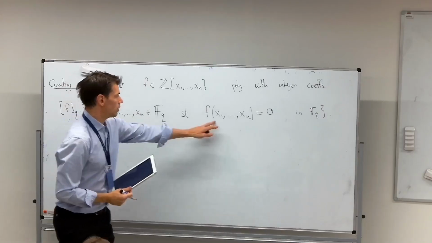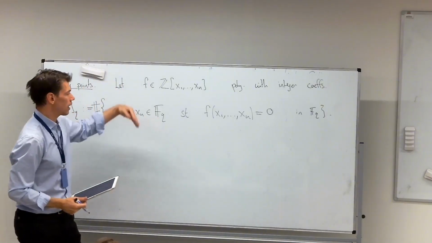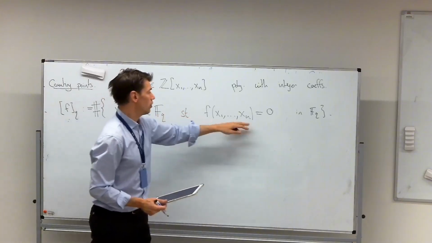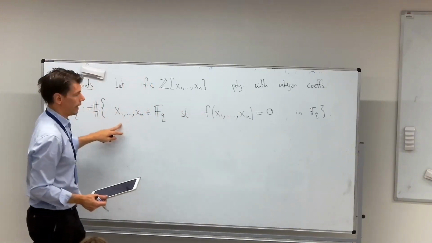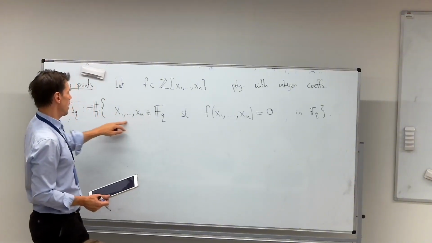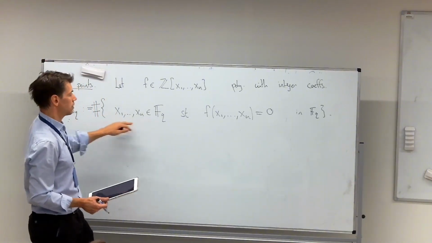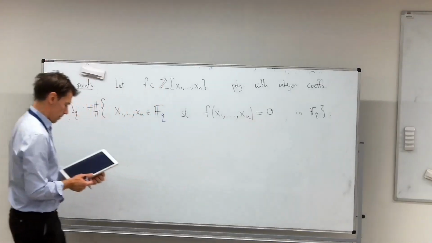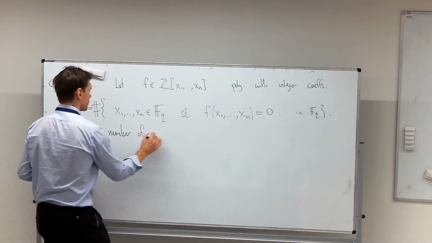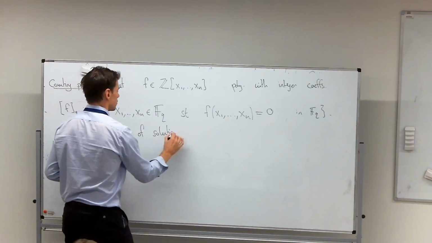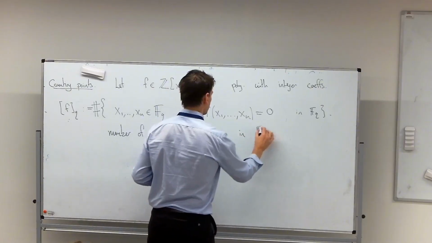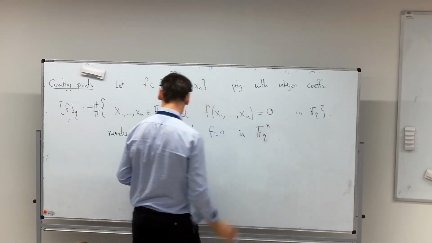Okay, so given some elements in this field, we can add them, we can multiply them, and so because f has integer coefficients, we can compute f at any elements of F_q. And we want to know how many of these q to the n possibilities give us 0. So in other words, it's the number of solutions to f equals 0 in F_q to the n.